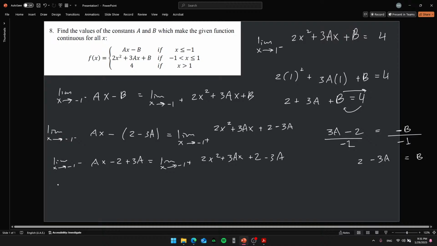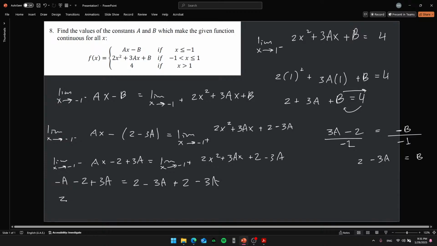Then substitute the negative 1. So it's negative a minus 2 plus 3a equals 2 plus, or no, minus 3a plus 2 minus 3a. Yep.